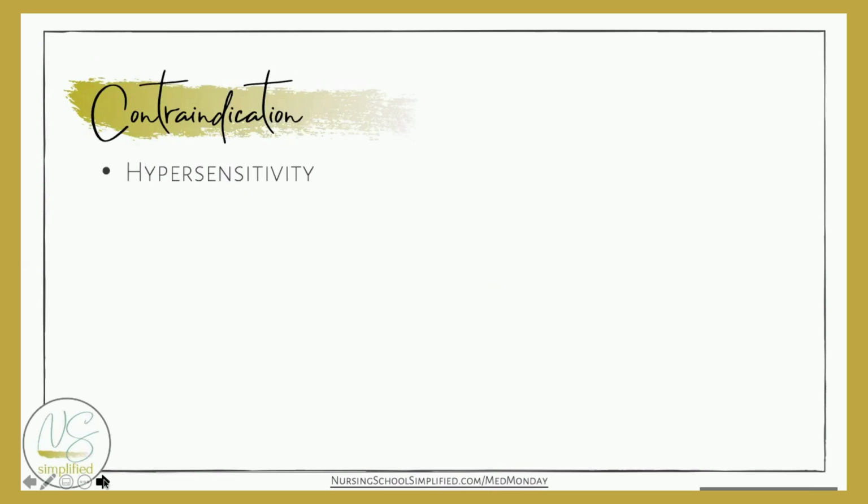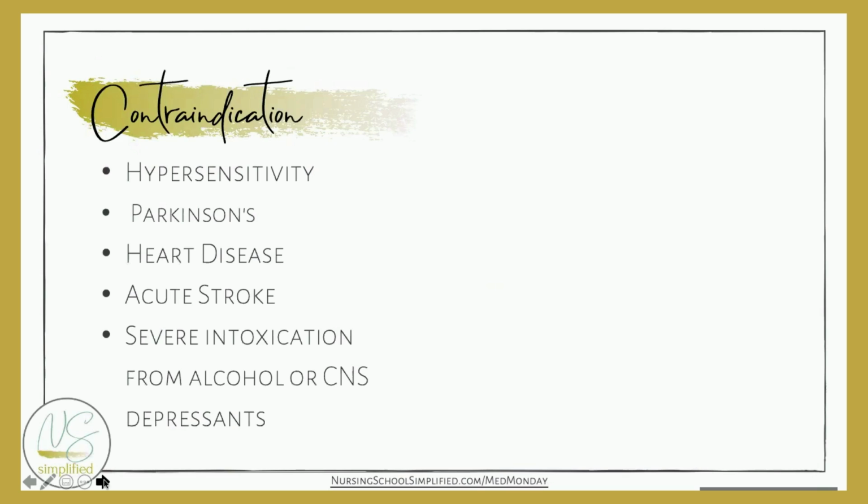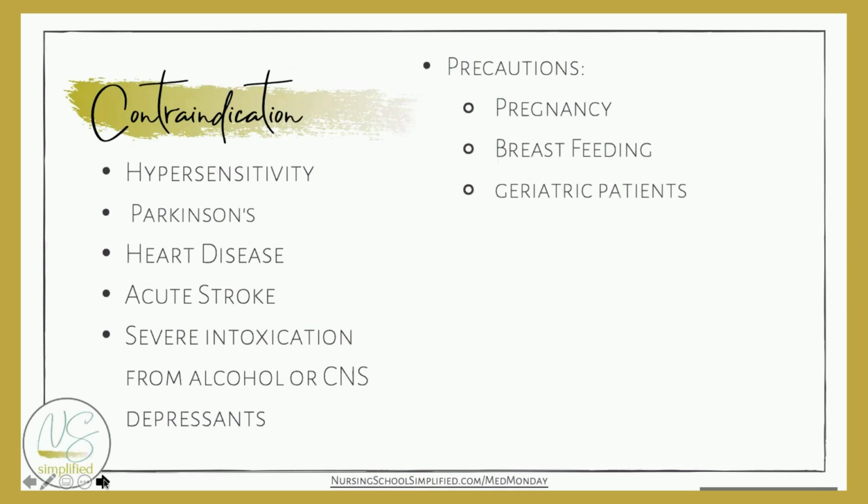Contraindications include hypersensitivity, Parkinson's, heart disease, acute stroke, and severe intoxication from alcohol or CNS depressants. Now, we can use this cautiously in pregnancy and breastfeeding. In our geriatric patients, we have to be very careful.